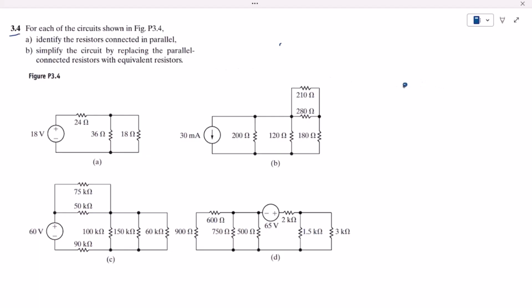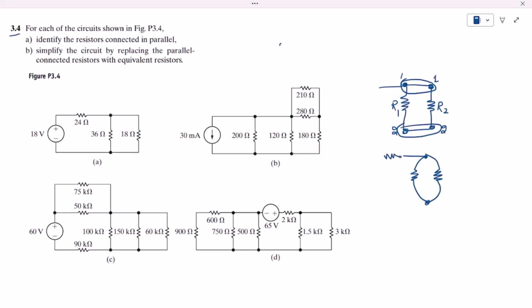If two resistors are connected in such a way that this is the first end of resistor R1 and this is the first end of resistor R2, and this is the second end of R1 and this is the second end of R2, and the first ends are connected with each other and the second ends are connected with each other, you can draw them like this as well.